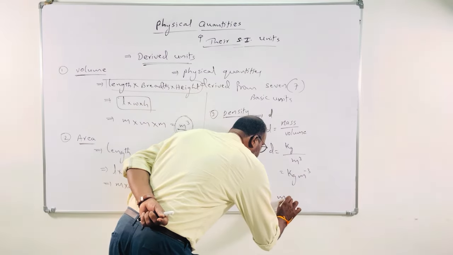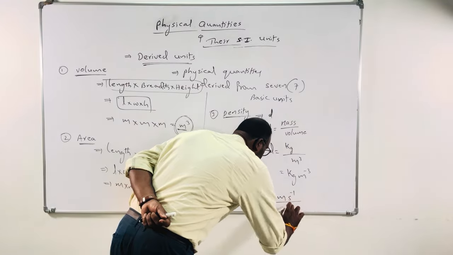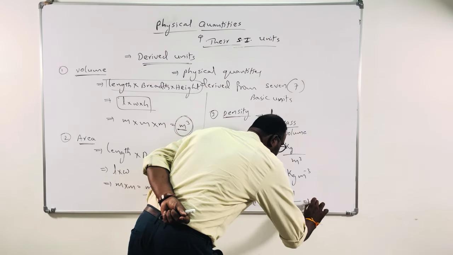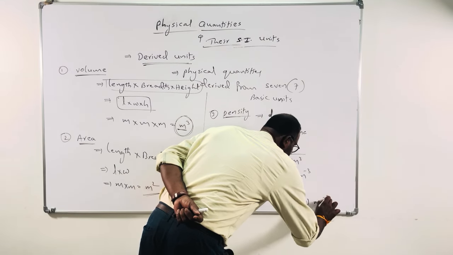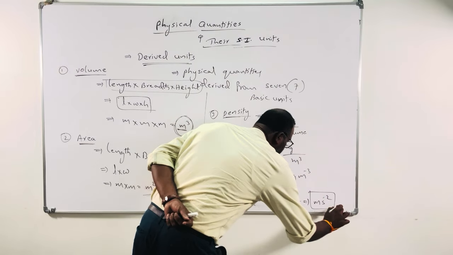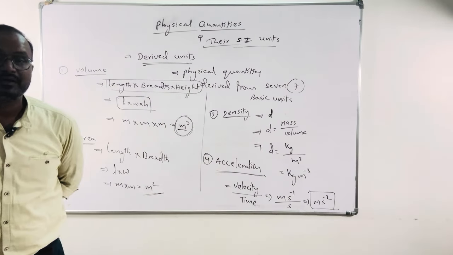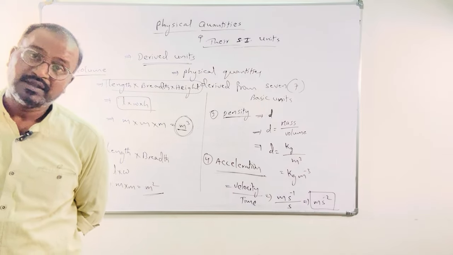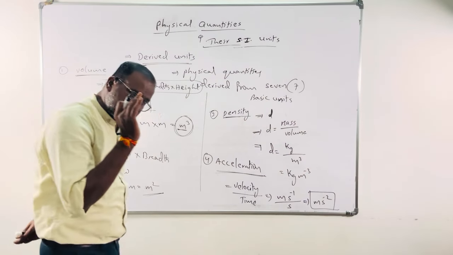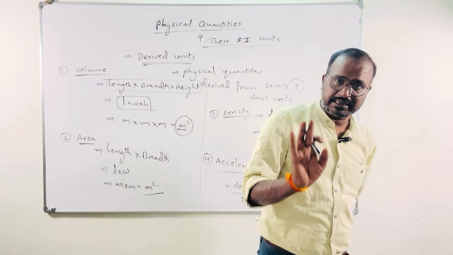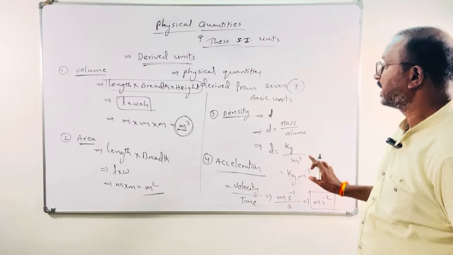So meters per second by seconds. From this you can say meters per second square are the units for acceleration. We require acceleration in chemistry also. That's why I'm taking it as the fourth derived unit.